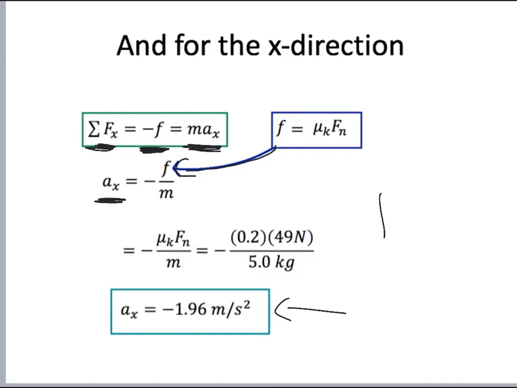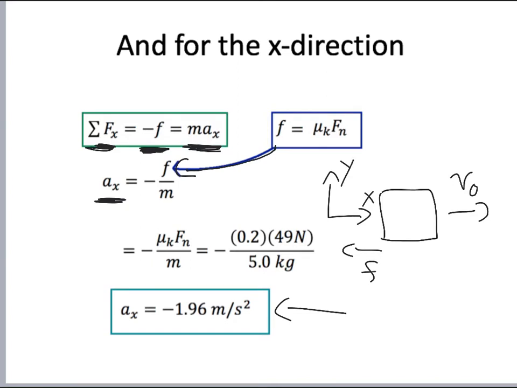Now, what does that tell me? I've got this object, it's moving with some initial velocity like that. The friction force is like that, in the opposite direction, of course, my coordinate system is positive going to the right. This minus sign here tells me that the acceleration is going to go to the left.